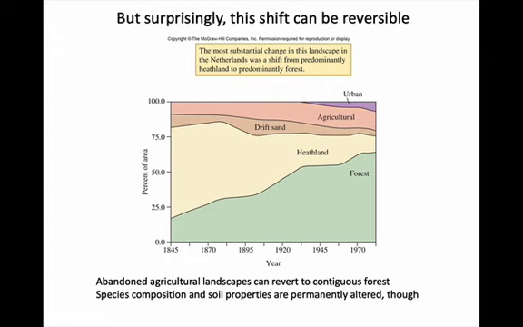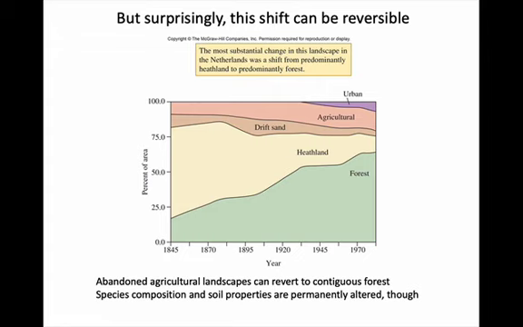Now, it's important to note that the traces of prior modifications don't go away entirely. Species composition and soil properties are permanently altered in these areas. And in fact, you can still to this day detect areas in France that are currently occupied by what looks like virgin forest that were agricultural fields 2,000 years ago during the Roman settlement of Gaul.